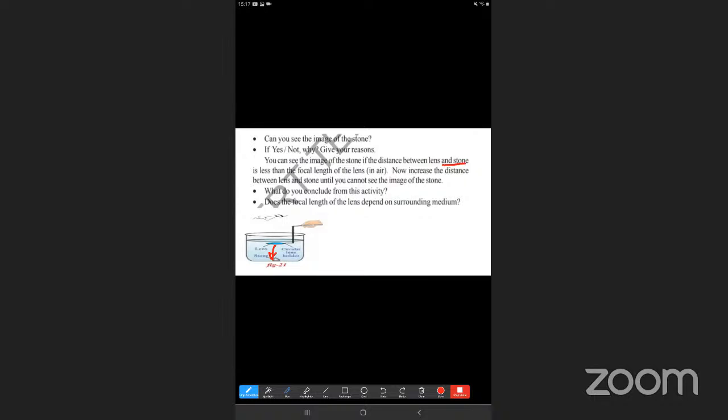Does the focal length of the lens depend on the surrounding medium? When the distance from the stone to the lens is increased, we cannot see the stone from the lens. Okay, and here we can say that the focal length of the lens depends upon the surrounding medium.